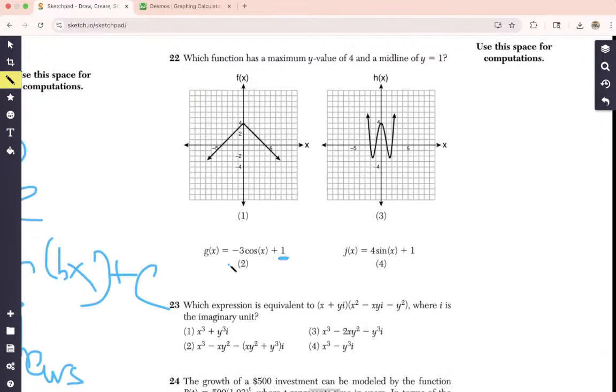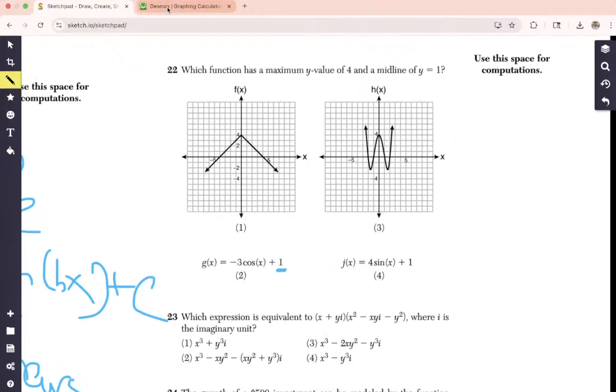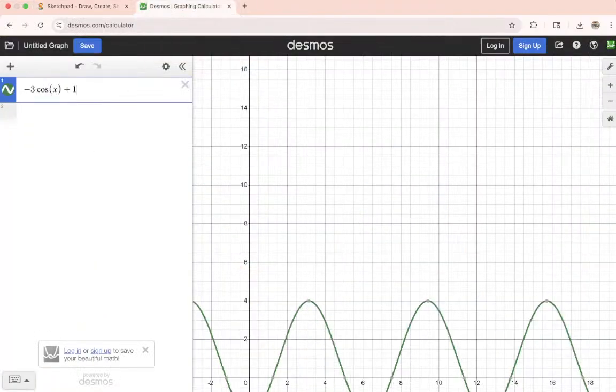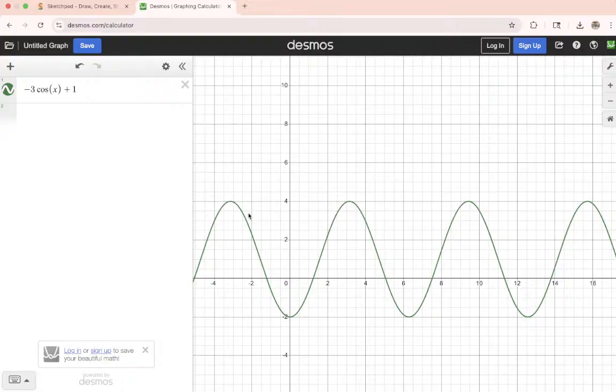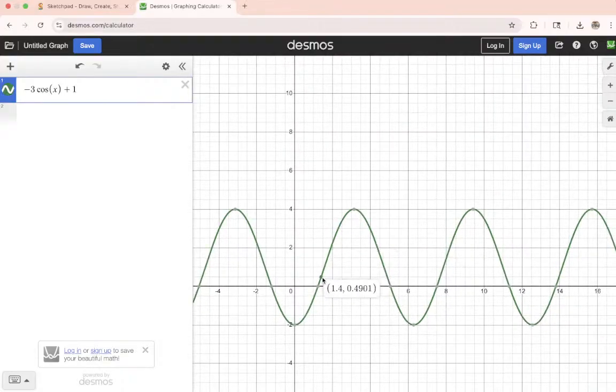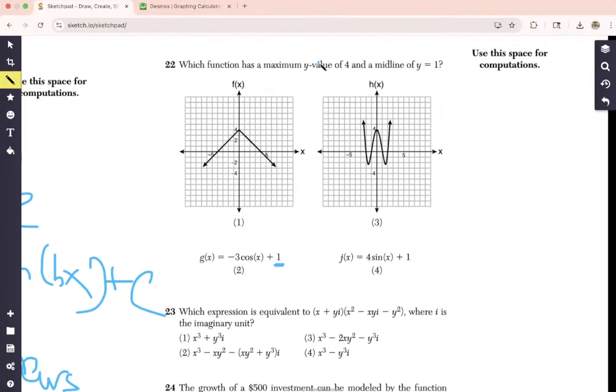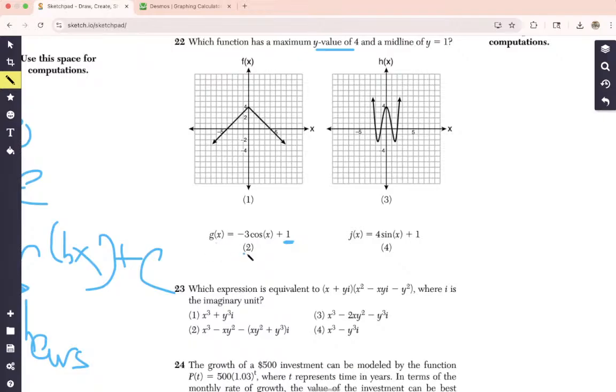This one looks correct, because the maximum value is going to be 4 there. And you can also see this graphically, 3 cosine x plus 1. It goes down by 3, and the midline is 1, the line basically in the middle. It's going to be here, and notice how you go 3 up and then 3 down. So if you're going 3 up from 1, that means that the maximum value is going to be 4. It's going to be number 2.